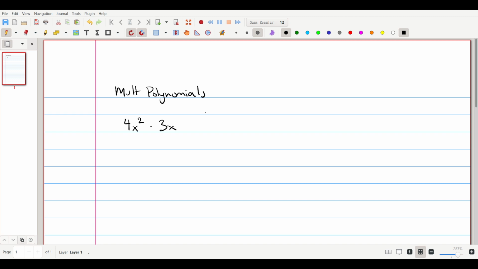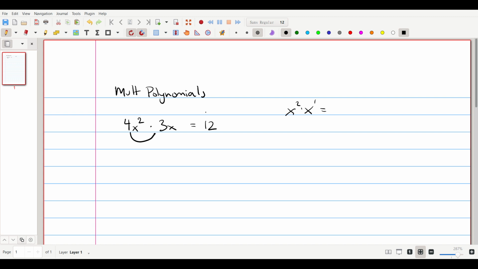Well, essentially what you do is you multiply the numbers with the numbers and the variables with the variables. So you would get 4 times 3, which is 12, and then you have x squared times x. And remember, the x without a number above it, there's always a 1 there.